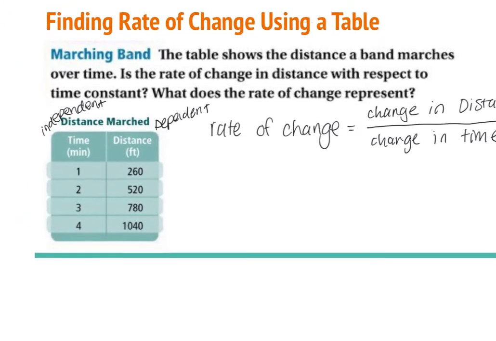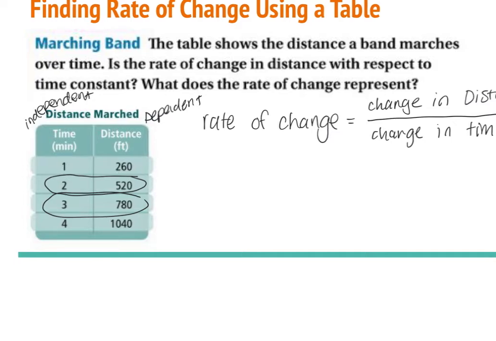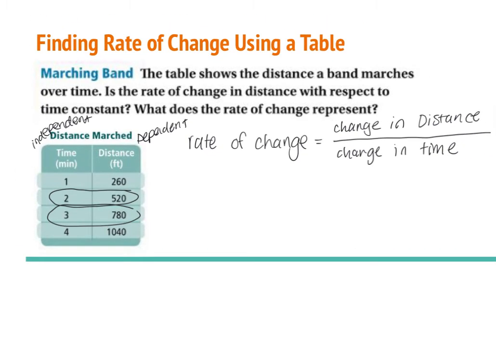Nicole, give me any 2 times. 2 and 3. Very good. So we're going to do rate of change equals the change in distance. So 780 minus 520. You're always going to do the second one minus the first one. So 780 minus 520 divided by 3 minus 2.